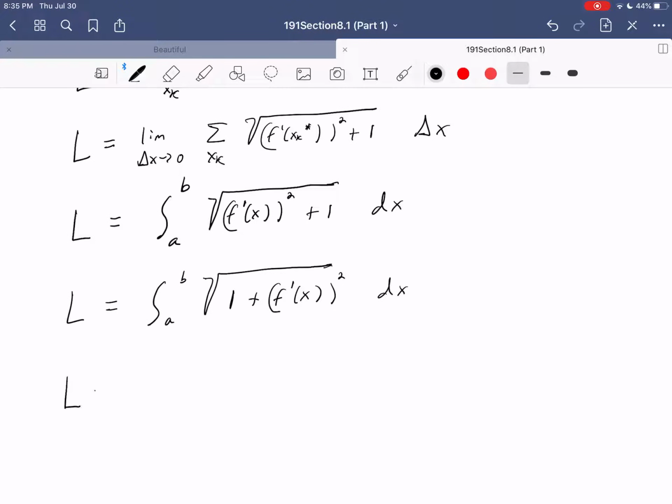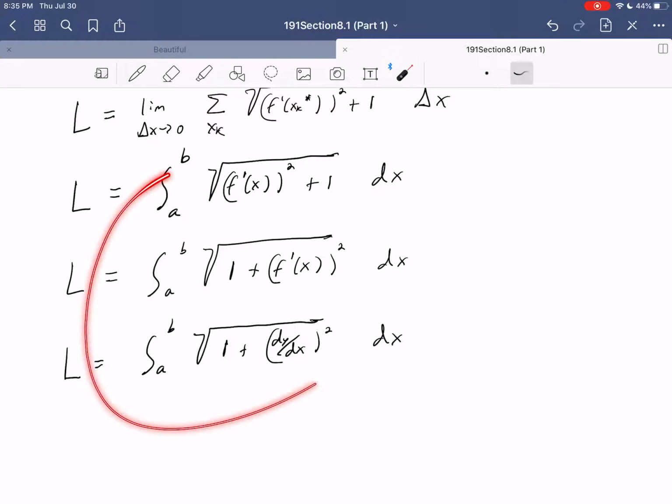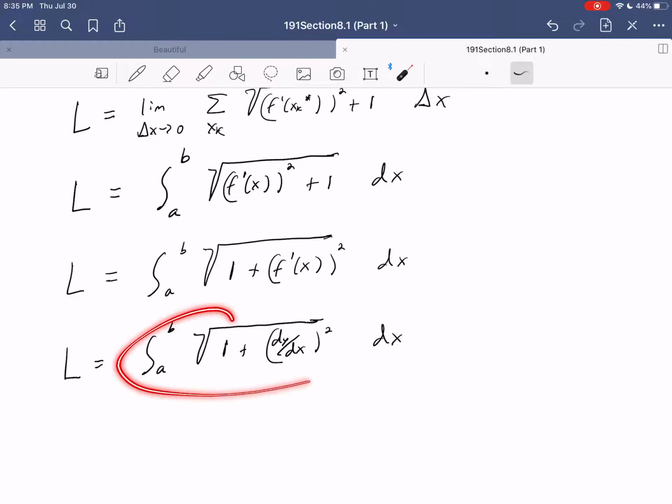And then sometimes you will also see this rewritten, and this last form is how we're going to write it out in our summary, where they replace the function notation for the derivative with dy dx squared dx. And again, all of these three forms are the same, so it doesn't matter which one you decide to remember. Just be aware that this is the one that your textbook uses, and it's also the one that we use in summary. This is just the more common notation, though these are, of course, exactly similar.